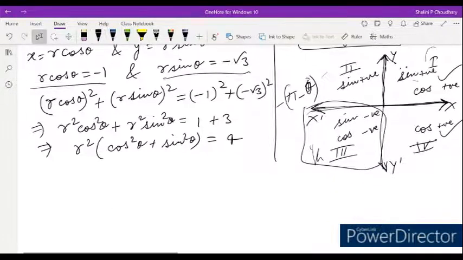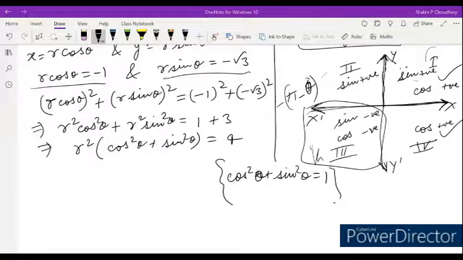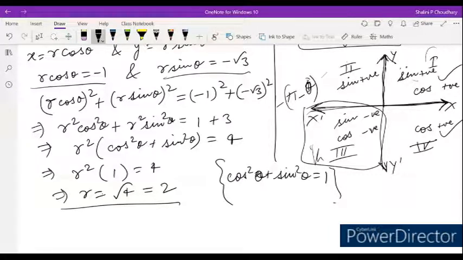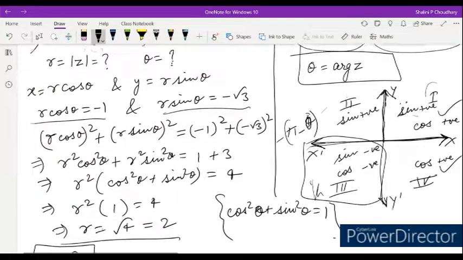And as we all know that cos square x plus sin square x, or theta, is equal to 1, we'll use that formula here. It means r square into 1 will be equal to 4. So r will be equal to square root of 4, and that is equal to 2. So we got the value of r, r is equal to 2. Now we have to find out the value of theta.